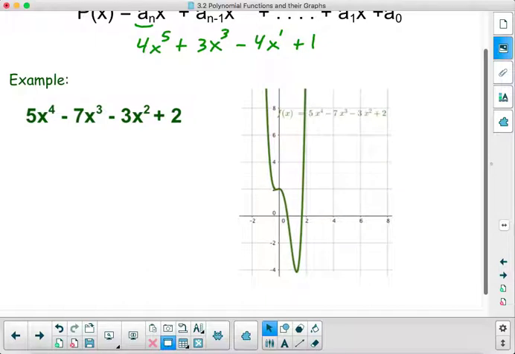They never stop. There's never any place where they're undefined or where you have vertical asymptotes or holes in your graphs. There's no jumps or steps in the graph. They're always continuous. They go up and down, and they do different things. And we can analyze and look at some properties with them and be able to graph them based upon those properties.